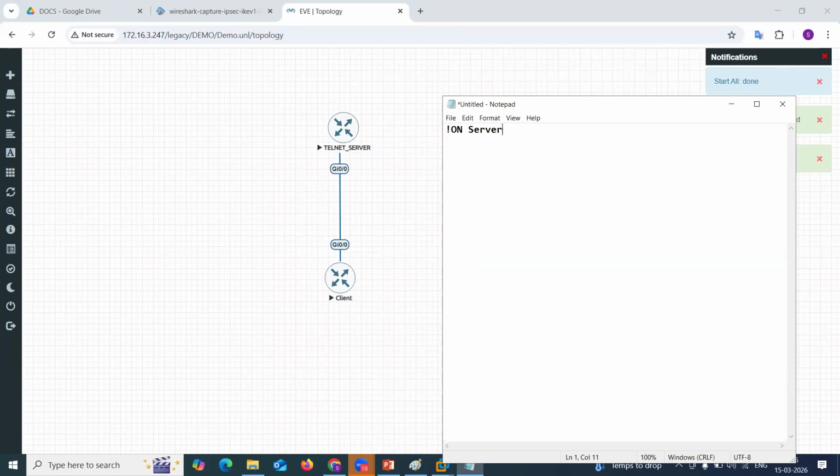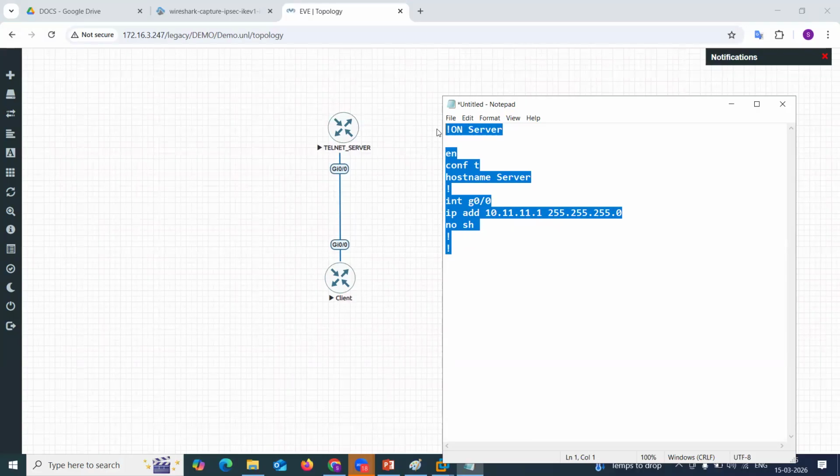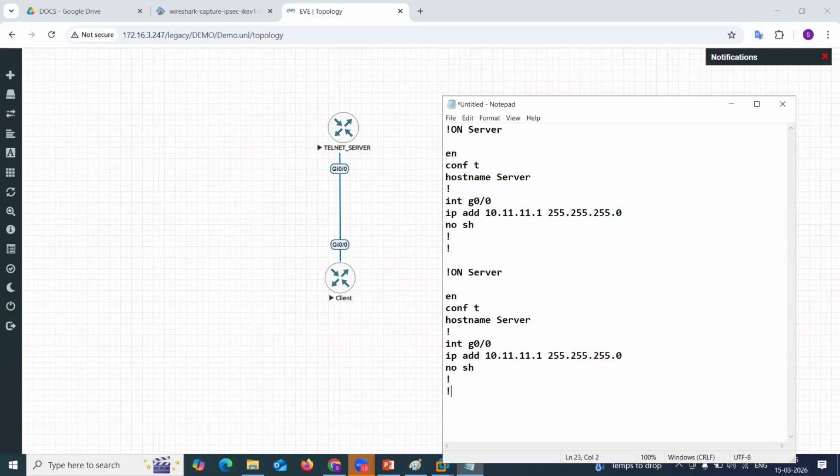On server, I'll give an IP. Interface G0/0, IP address 10.11.11.1, mask of 24. Just copy this, paste it here.